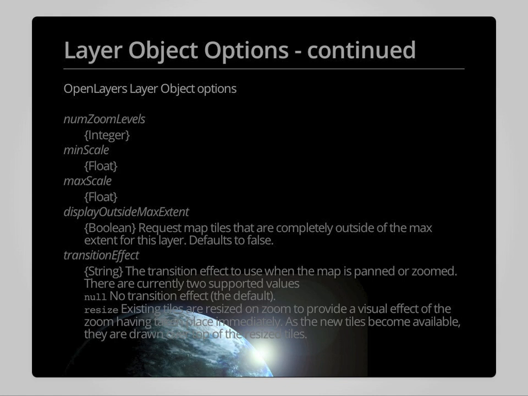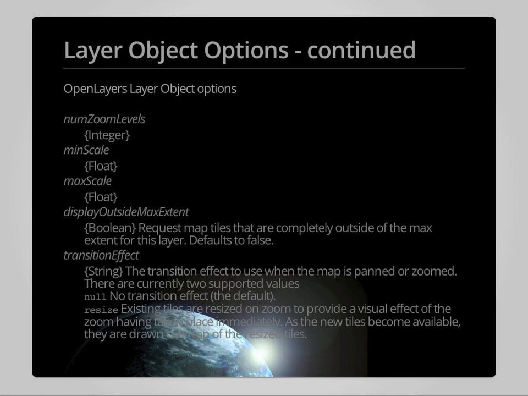Transition effect allows you to use a computationally more expensive but possibly more visually exciting transition when the map is panned or zoomed, where the default value is no transition effect. Essentially, the map is just moved from one place to another, or moved in and out in terms of zooming.